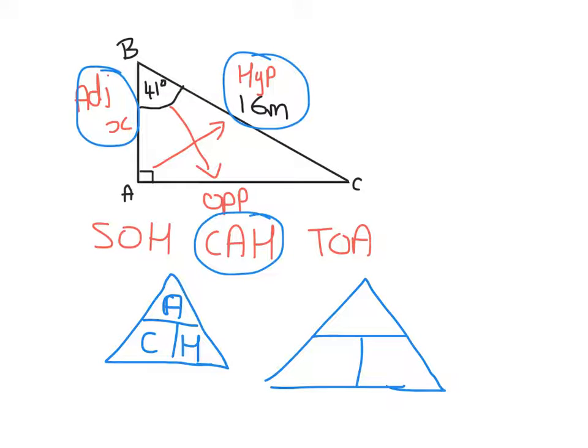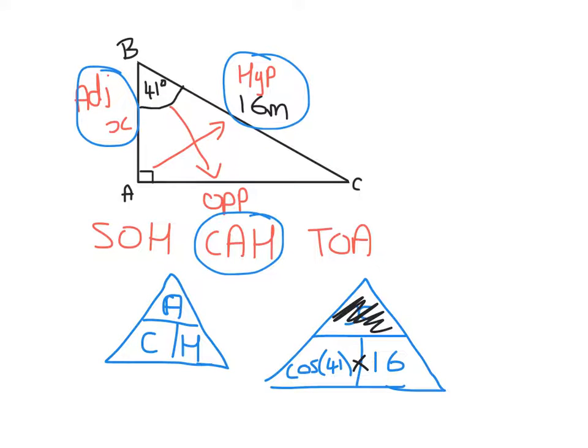Now the C stands for cos or cosine, and that's our angle. So we've got the cos of 41 as that's our angle. The adjacent we don't know, so that's where our X value goes. The hypotenuse is 16. Now we cover up the unknown and we multiply across our triangle this way.